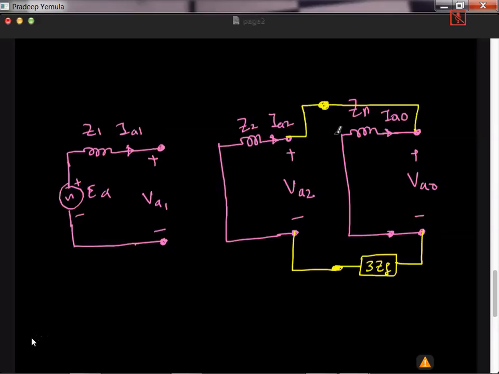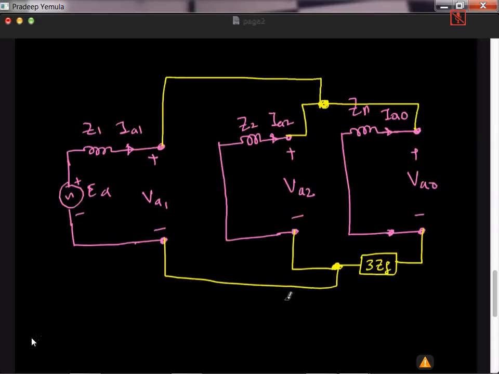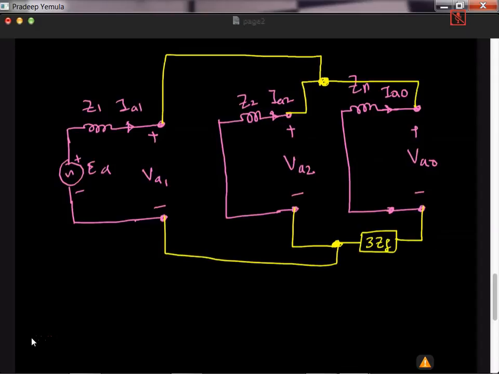Then these 2 points you connect to this. So this is a circuit that you have to solve for analyzing a line to line to ground fault. So this is the sequence network for the line to line to ground fault.